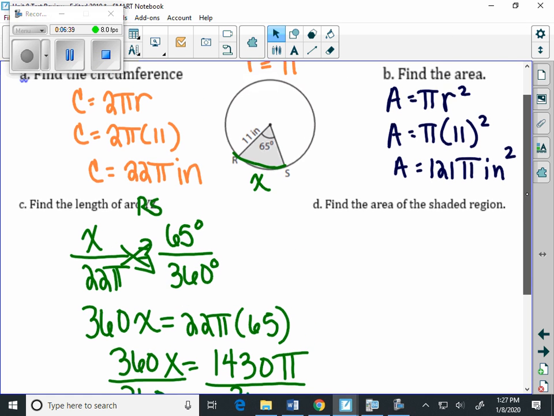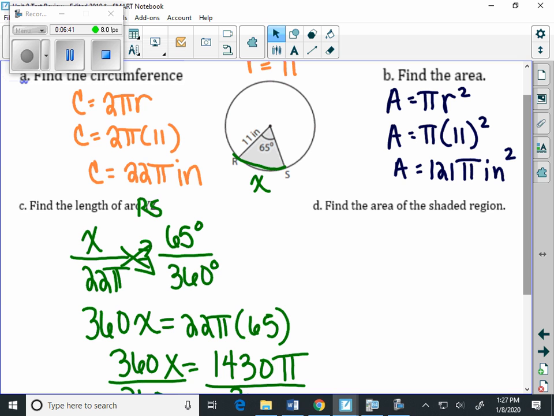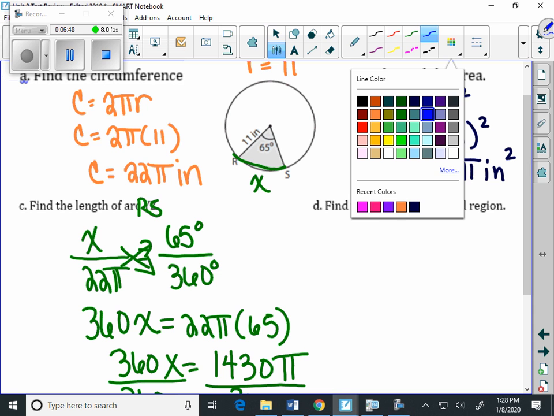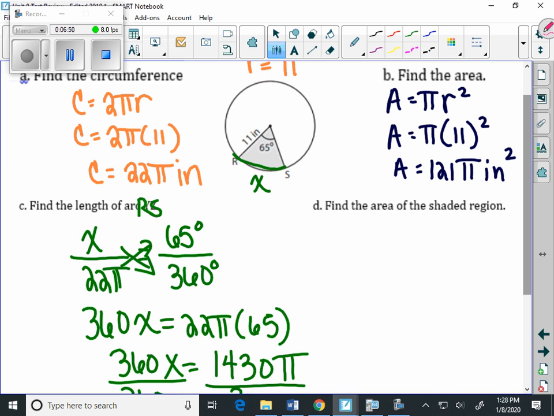If we look at finding the area of the shaded region, we're going to do the same sort of calculation here, only what we need to do is we're still going to do x, and you can see here, probably a little bit better than what you can see on your paper, that little triangular piece, and it's not a triangle, I don't want to overlook that fact, but it's this entire part, that's what we're finding, and we're going to use the area.